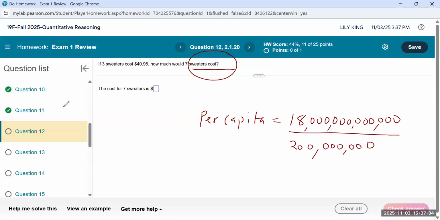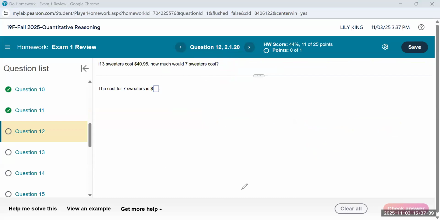All right, question 12. This is a proportion problem. And with proportion, you have to be consistent. You keep the same things on the same side, making sure the numbers you have correspond. So for this problem, we are looking at the number of sweaters and how much they cost. So I'm keeping all the sweaters on one side and all the cost on one side. So for 3 sweaters, that corresponds to 40.95 cents. But for 7 sweaters, we don't know what the total cost will be.